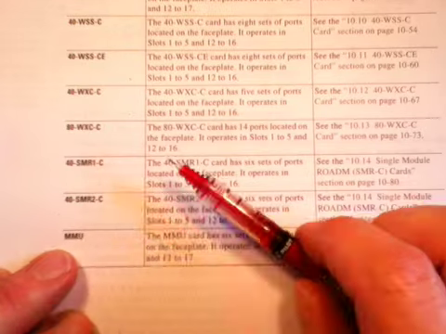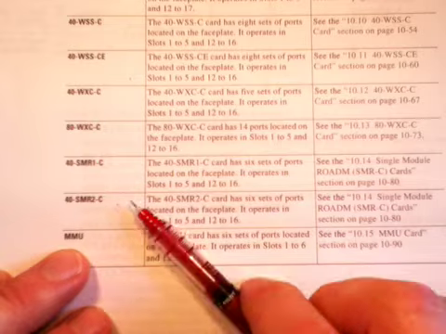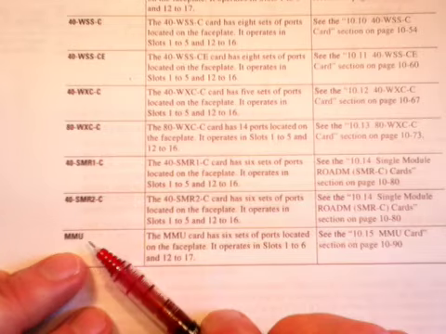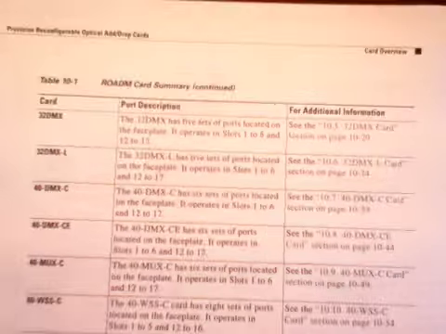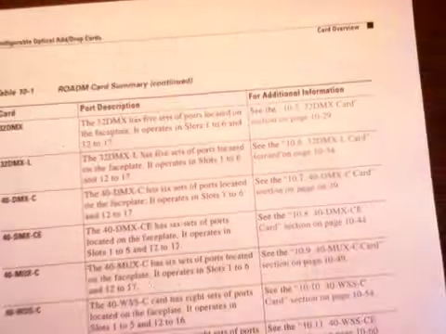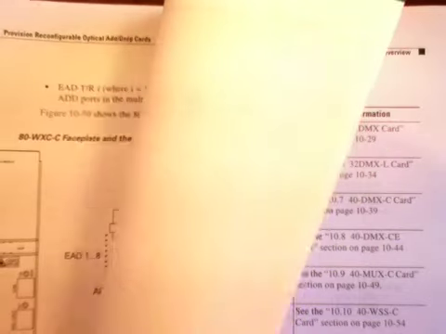Finally, the SMR1 and the SMR2. I'm not sure I'm going to get to talk about all these things. And then finally, the MMU is sort of the ultimate card in this series. I'm not sure I'm going to talk about all of these cards, but we'll talk about a few of them in chapter 10 here.